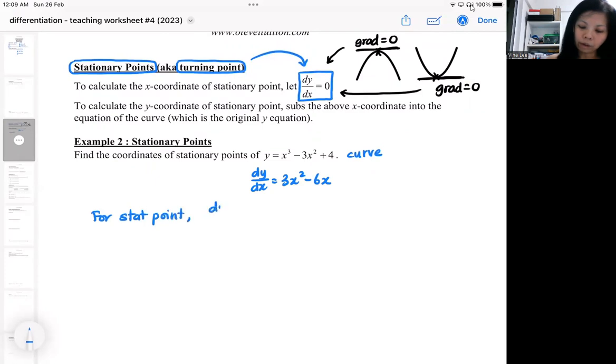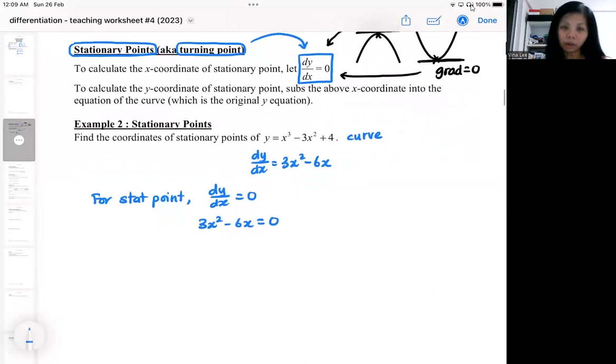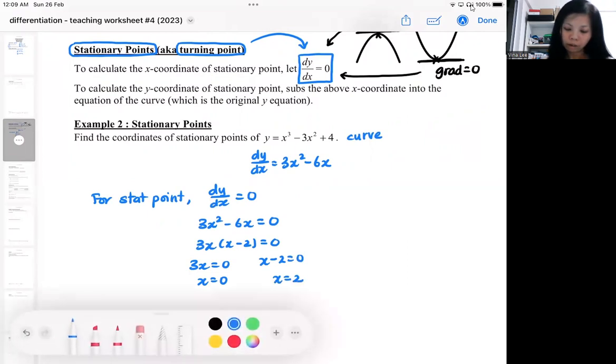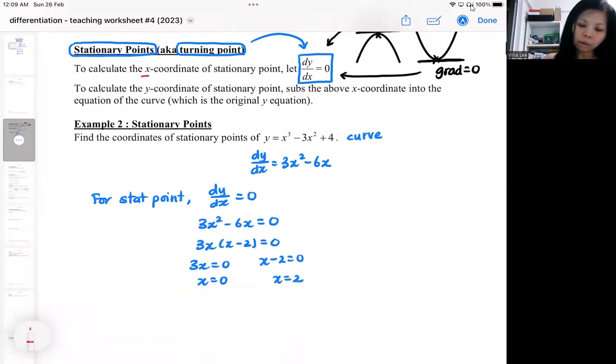The definition will be dy dx is equal to 0. You set your dy dx to 0, it becomes something like normal algebra. This is a quadratic, so it's like first bracket equal to 0, second bracket equal to 0. If you set dy dx to 0, you will be able to obtain the x coordinate of the stationary point.